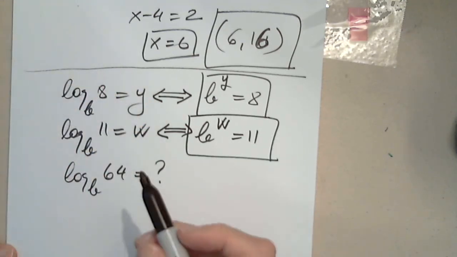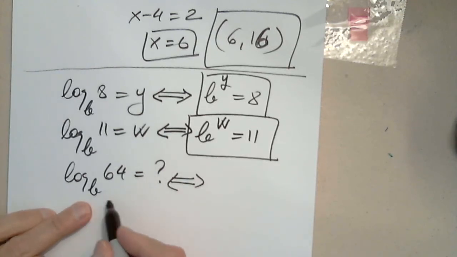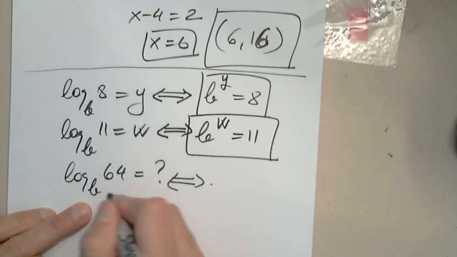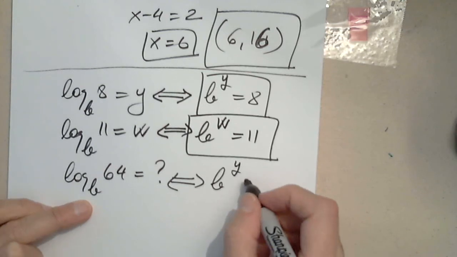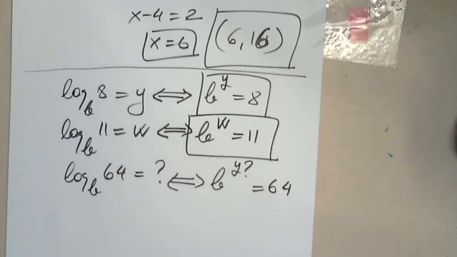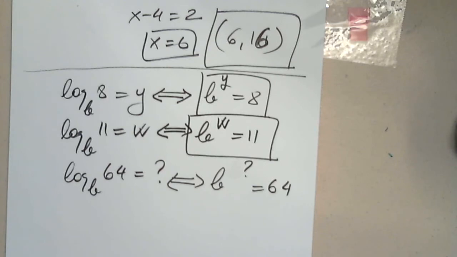Okay, so I have no idea what this is, but I know that this also can be converted into b raised to something equals 64. I didn't want to write y, because it's not y. I can just give it another letter. Instead, I can put a question mark.